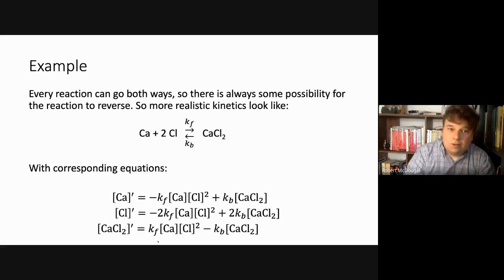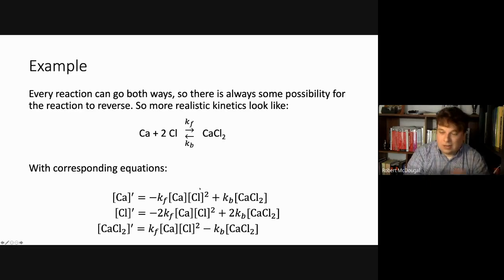And then the rate of binding is going to be proportional to the amount of calcium I have times the chance of me meeting the first chloride, which is Cl. But again, I'm going to square it because I need 2 of them, not just 1. Does that make sense? Why it's a square?